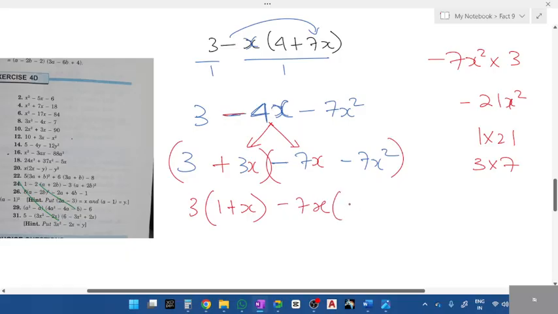So what do you get? 1 plus x. That's it.